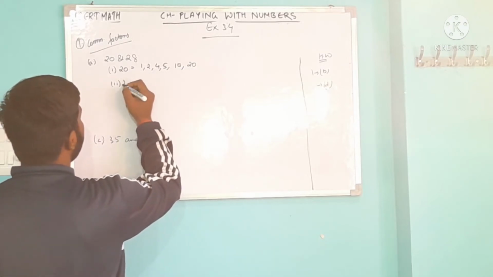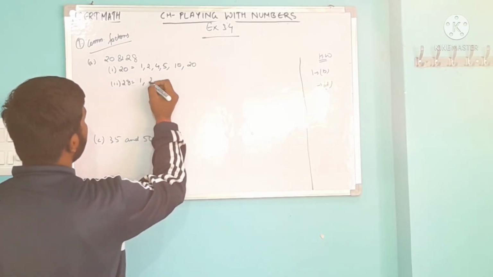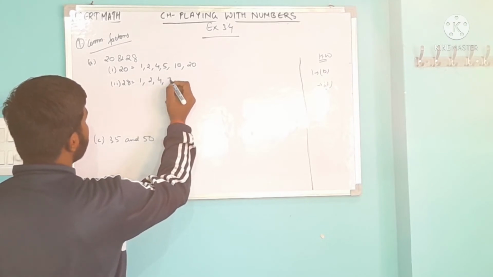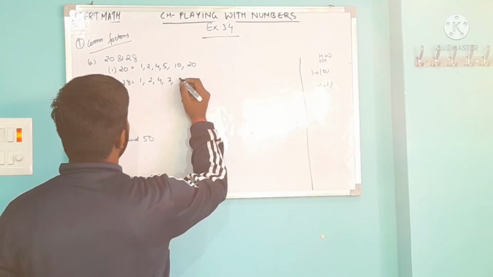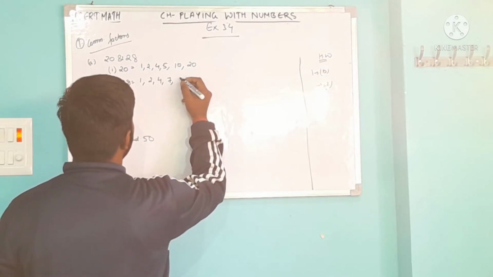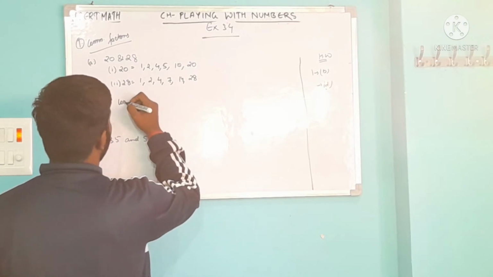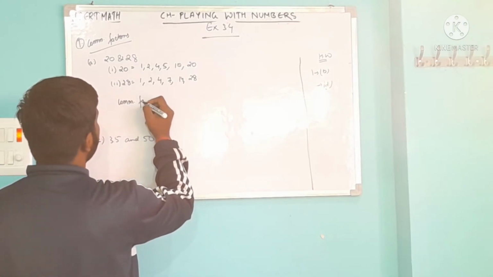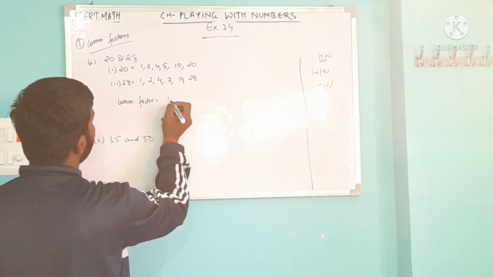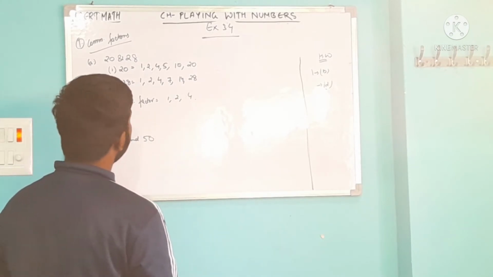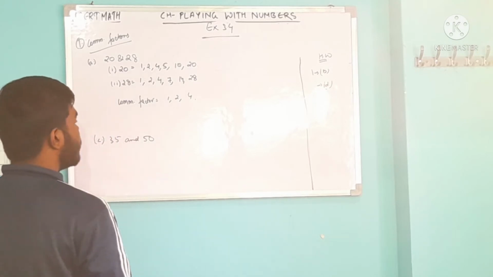For 28, the factors will be 1, 2, 4, 7, 14 and 28. So the common factors will be 1, 2, 4. So these three are the common factors between 20 and 28.